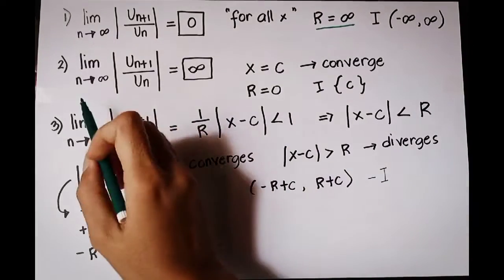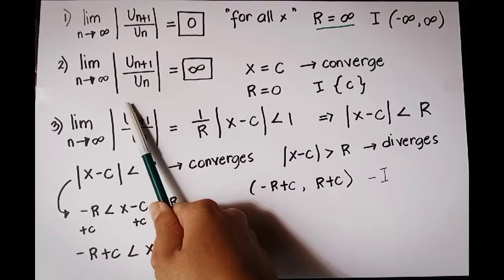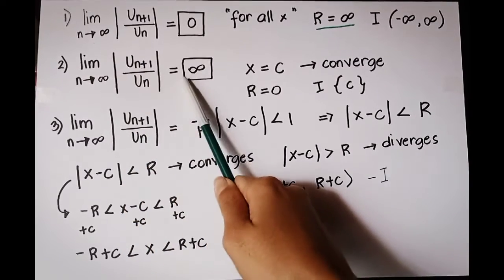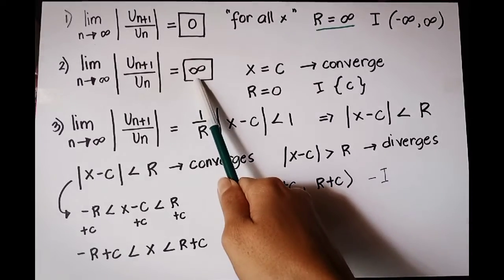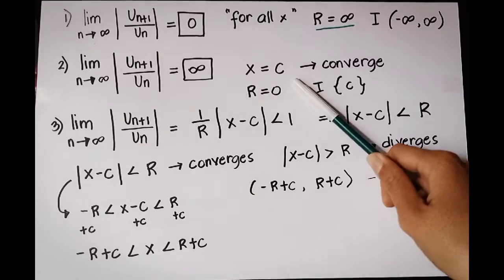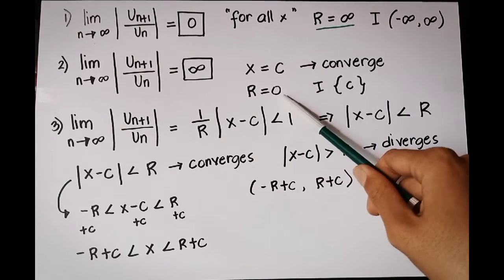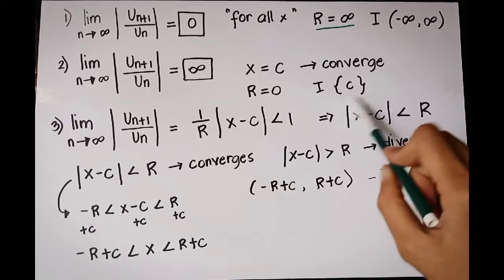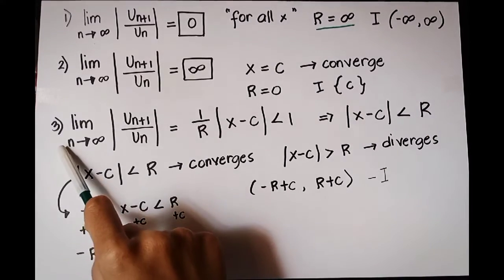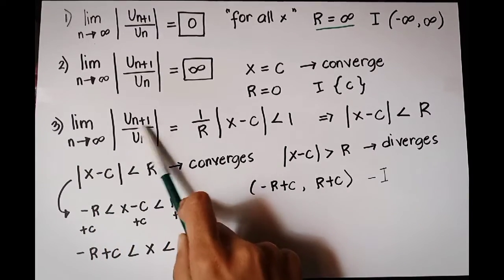However, if the limit as n goes to infinity of the absolute value of u_(n+1) over u_n equals infinity, therefore the series converges only at x equals c, the constant, and the radius equals 0 and the interval is that constant.